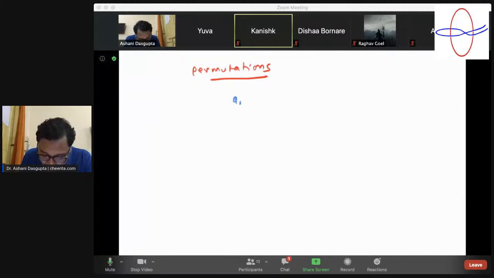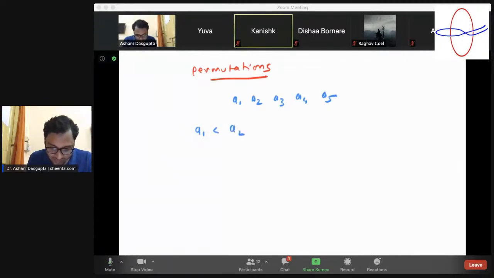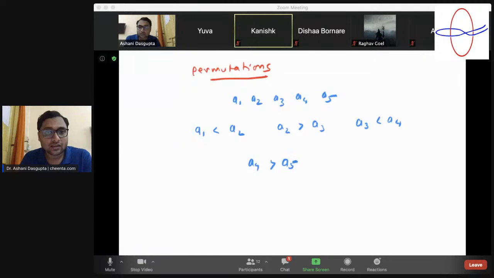These five numbers are A1, A2, A3, A4, and A5. And it's given that A1 is less than A2, A2 is greater than A3, A3 is less than A4, and A4 is greater than A5. This is the given data.